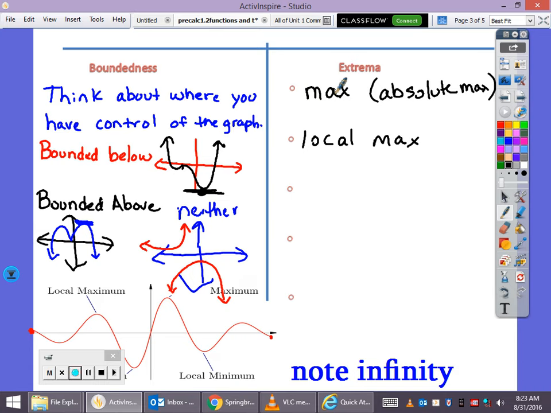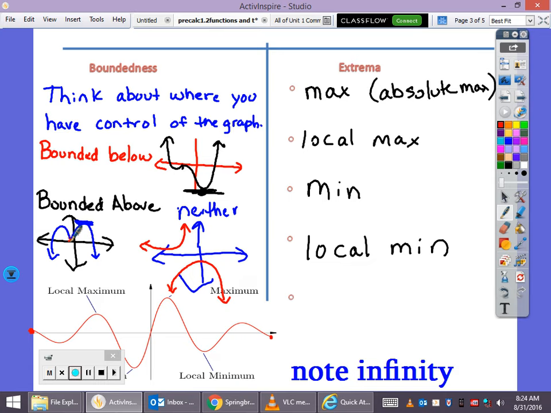All right, so if I have max and local max, I must have min and local min. Same thing. In this problem up here, I had a minimum. And in this graph over here, this would be a local minimum right there because it's a low point on the graph, but it's not the lowest point.